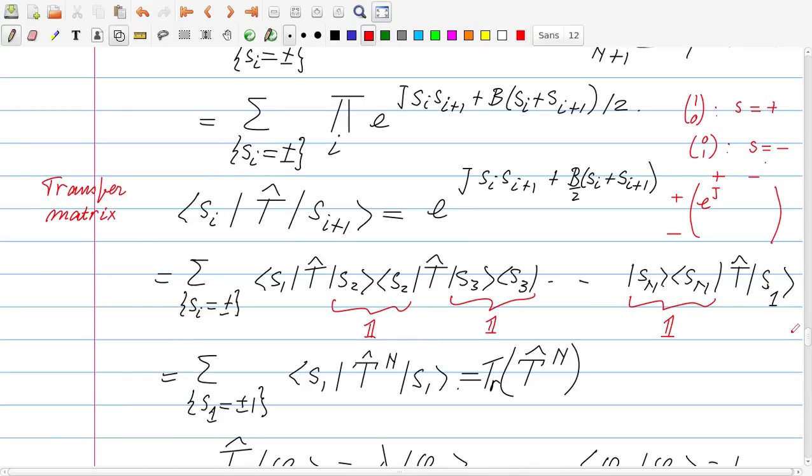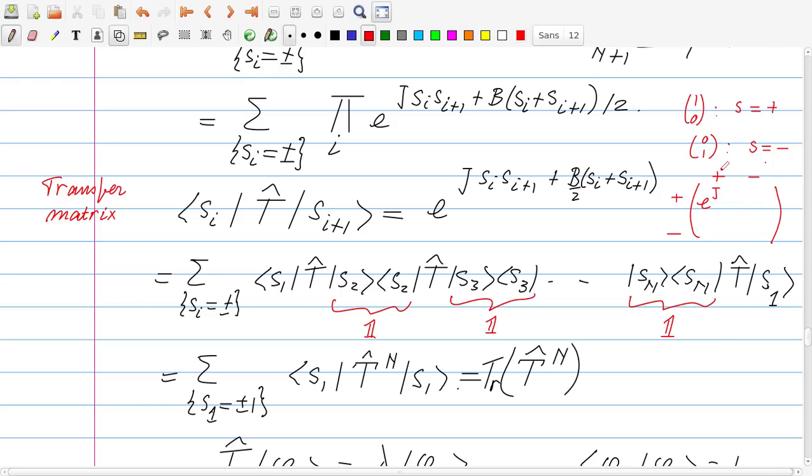So the next step, I'm going to introduce a new object which will give me this Boltzmann factor, this Boltzmann weight. And that new object is called a transfer matrix. In fact, the S_i and the S_{i+1}, they both can assume the values plus or minus, and I can write those as vectors, a vector (1,0) or a vector (0,1).